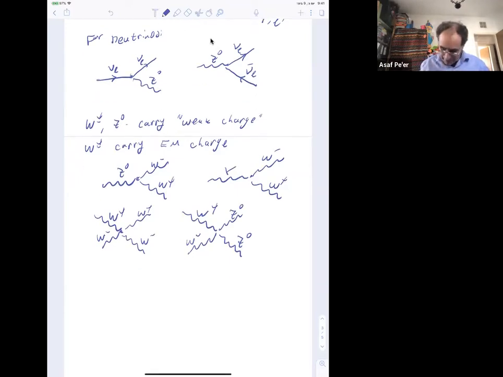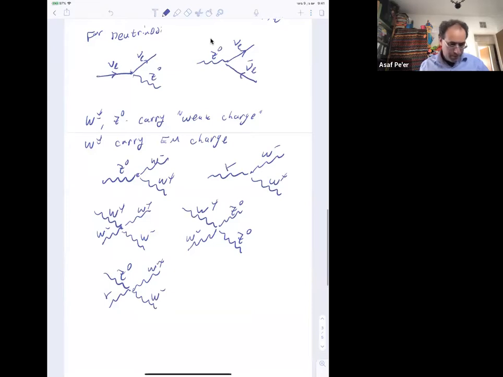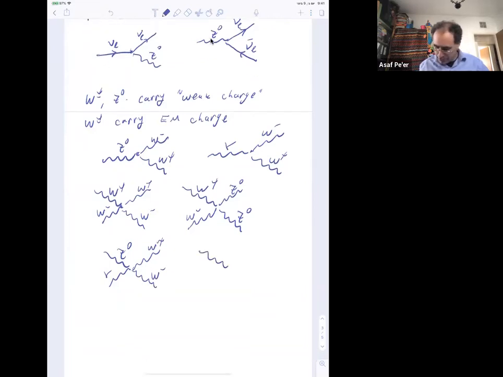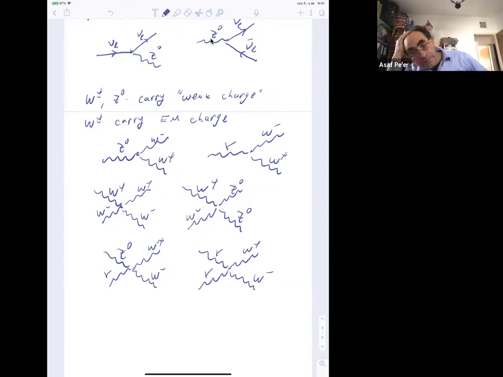You can also have Z0 and a gamma interacting to produce a W plus and W minus. It's true for two photons as well. Gamma, gamma can produce a W plus, W minus. This all can happen. We're not going to speak about those because we don't really have time. Just so that you know that these exist. All right.